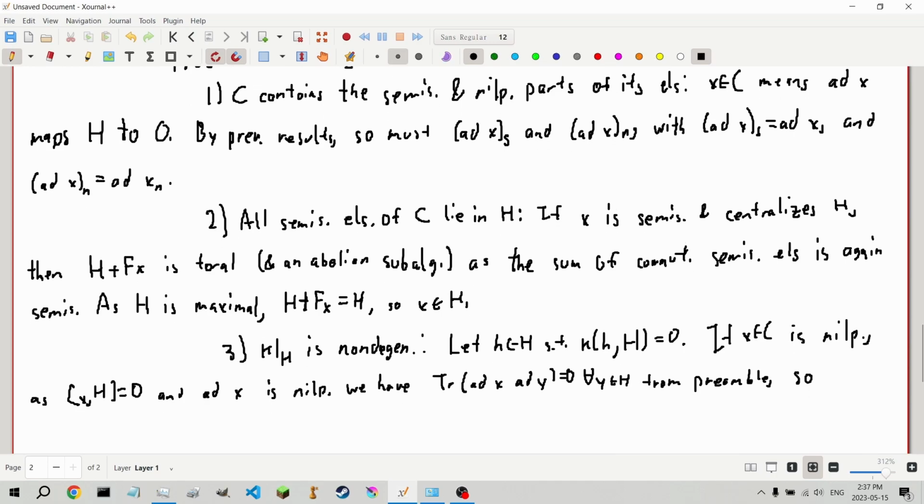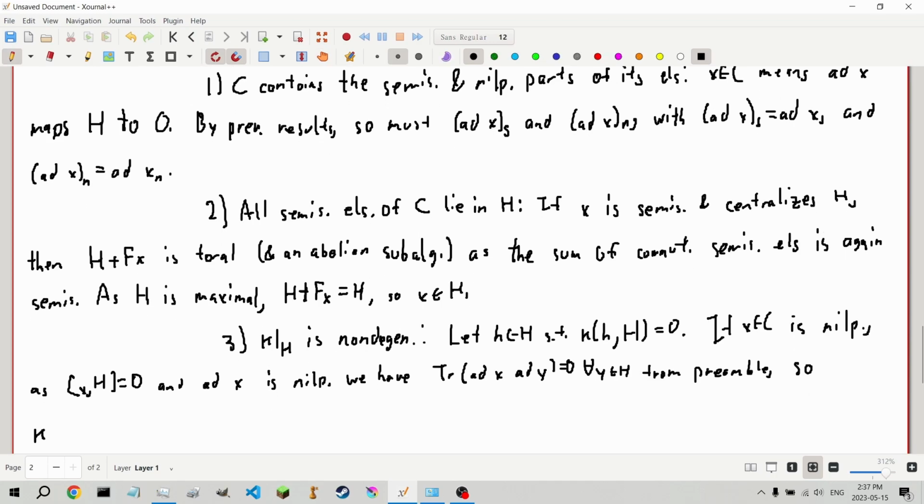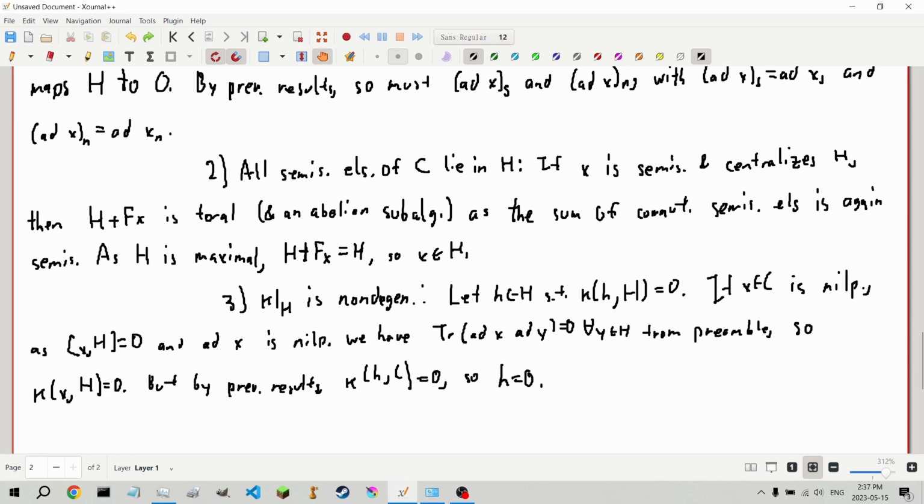So the Killing form of X on all of H is 0. But by the previous two results here, the Killing form of H on all of C is 0. So H has to be 0. Got a bit carried away there.